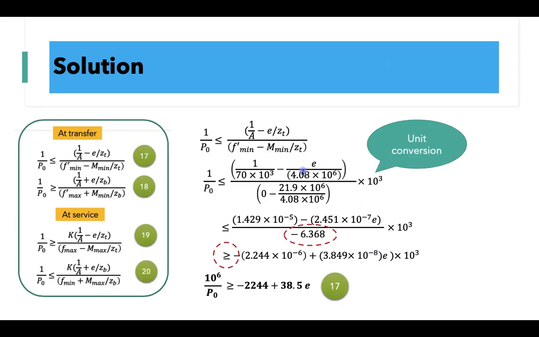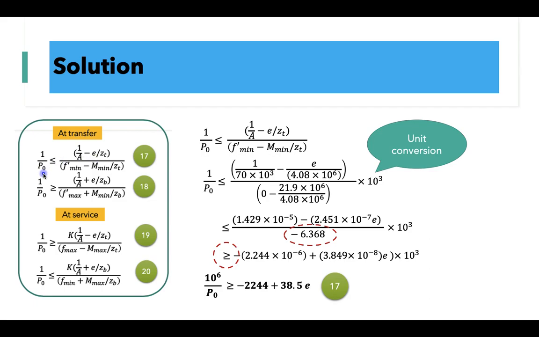So this is for the solution. These are the equations that we are going to use for the construction of the Magnel diagram. Based on the values that we have from the question, we are going to just substitute the values into this equation. You can see here that we have 1 over A, so we have the area. As for the eccentricity, we are going to leave this as the unknown value.